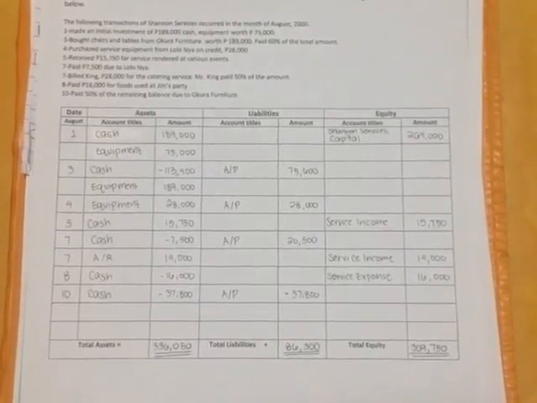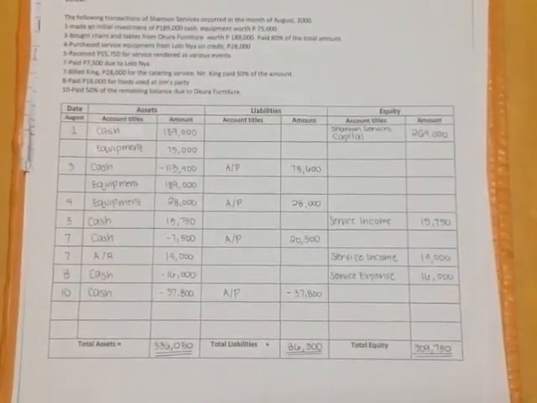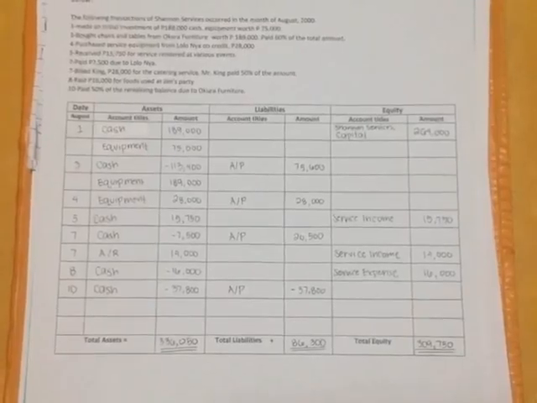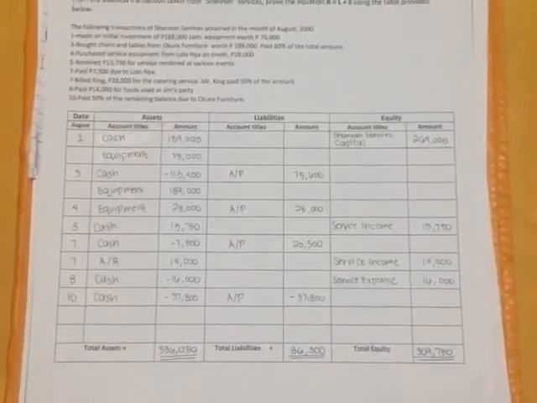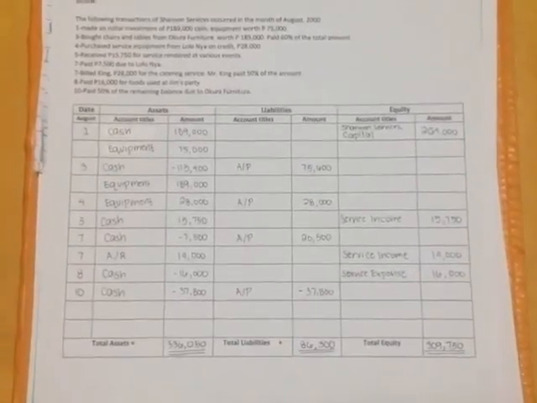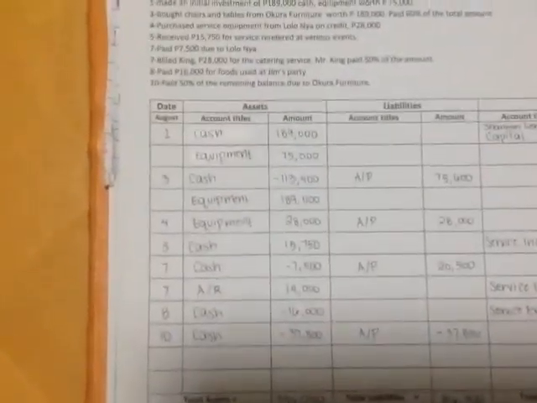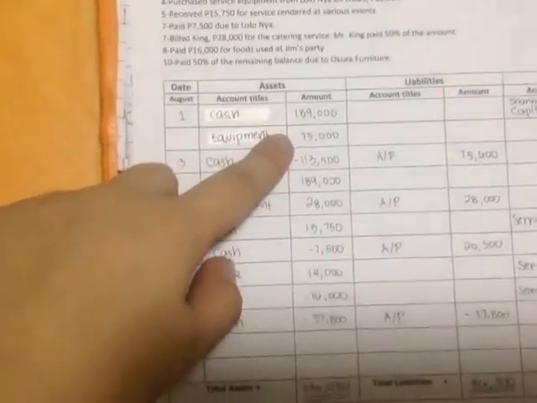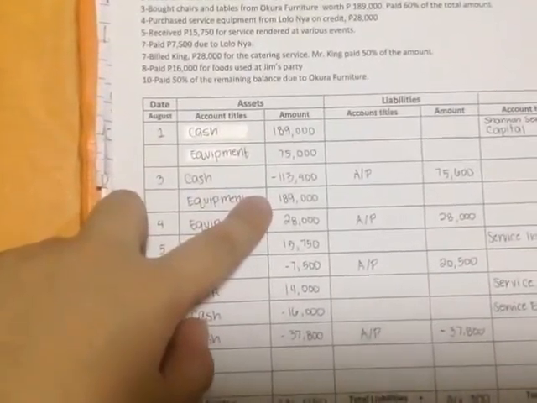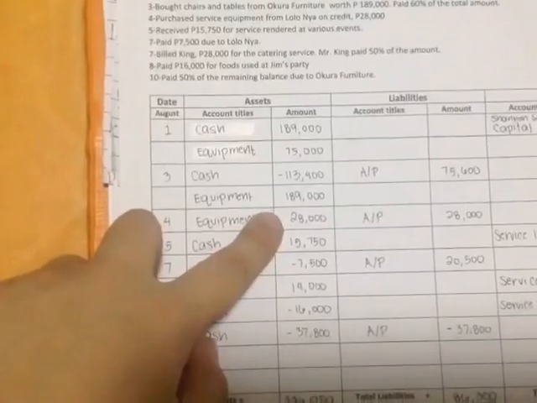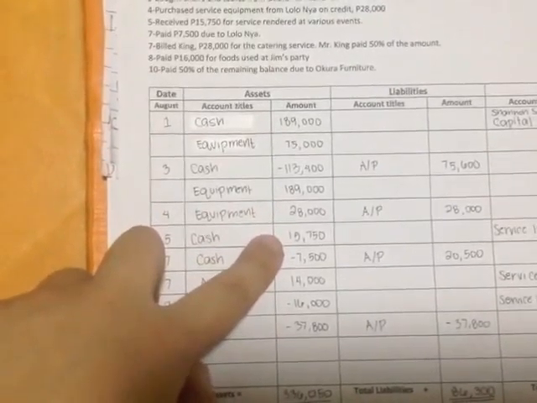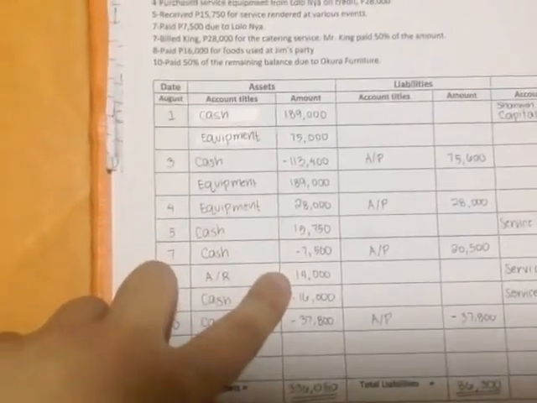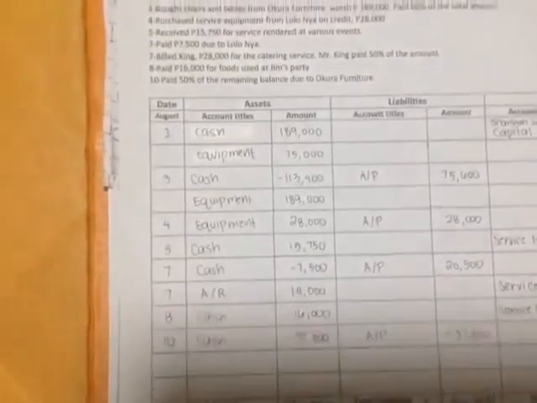Now to check if it is balanced and to see whether the liabilities and the equity are equal to the assets, you would have to add all the numbers together. Starting off with assets, get all the positives first: 189,000 pesos, 75,000 pesos, 189,000 pesos, 28,000 pesos, 15,750 pesos, and 14,000 pesos. Following that are the negatives.